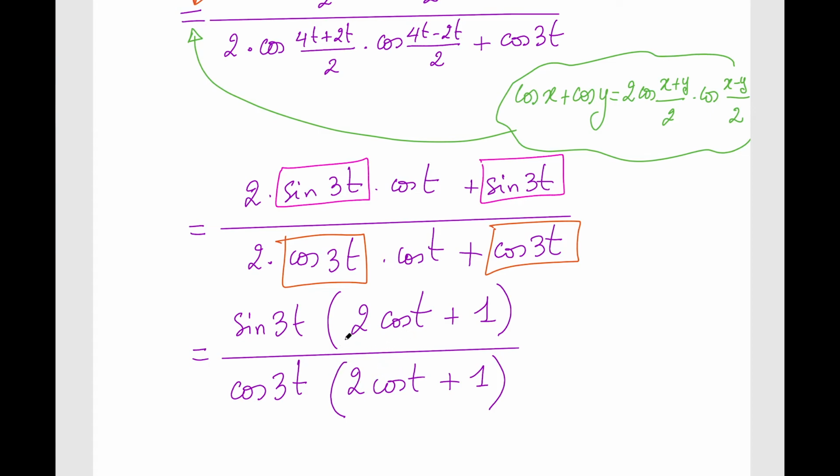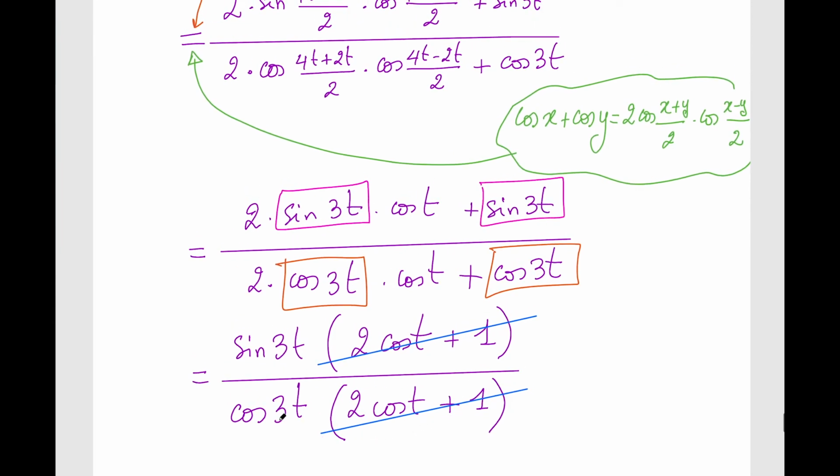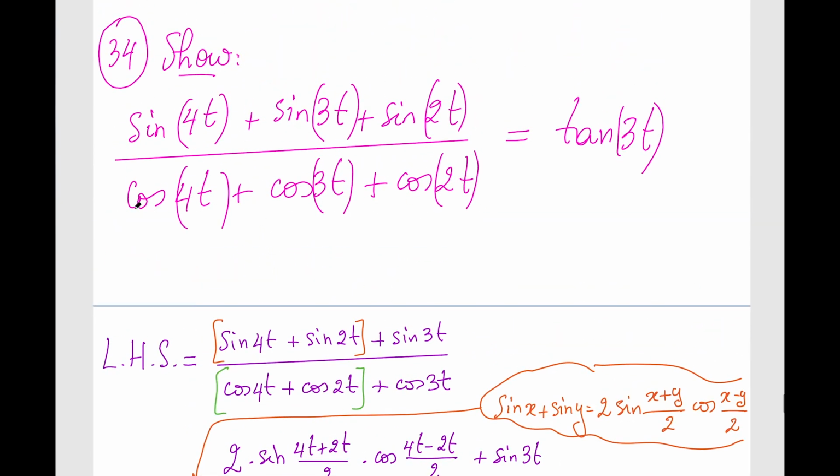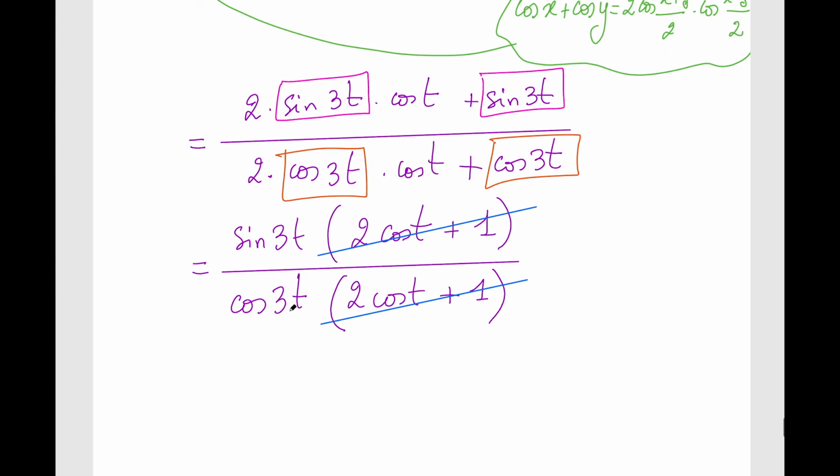This package and this package are the same, so we can simplify by that package, obviously as long as it's not 0. The assumption is that we're choosing a t that doesn't make the denominator 0, so t cannot make this 0, and as such I can simplify.